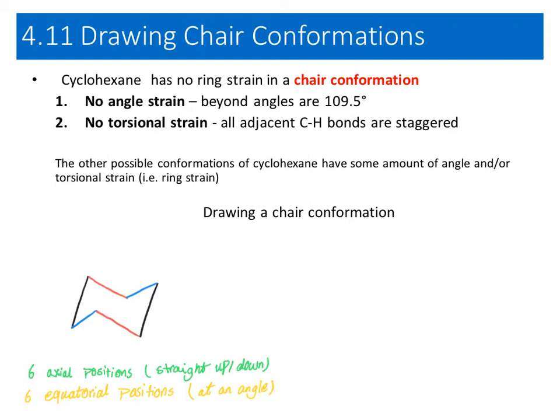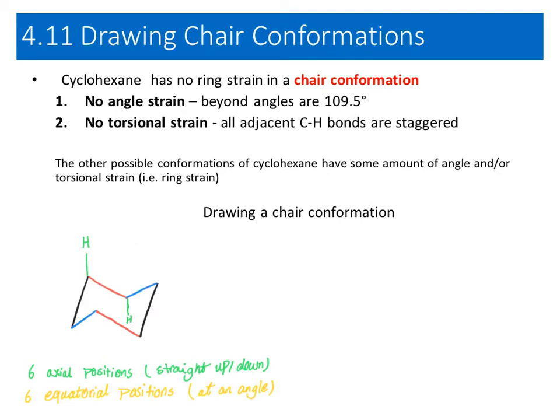So let's draw the axial positions first. I'm going to start with this carbon. As is clear, this carbon is kind of pointing up, therefore the axial position should be up on this carbon. Then the next carbon is kind of pointing down, so the axial position is down on this carbon.